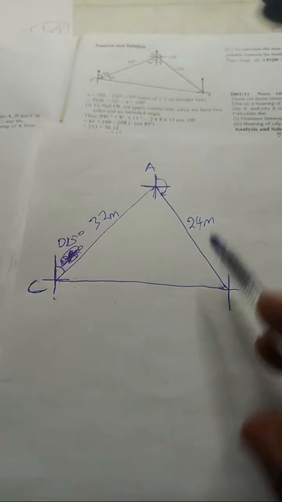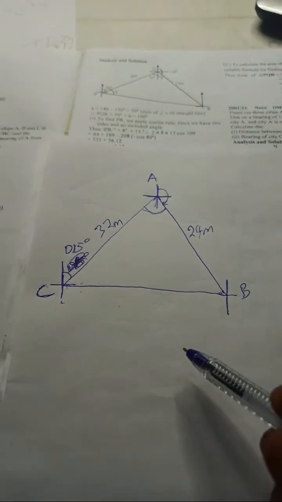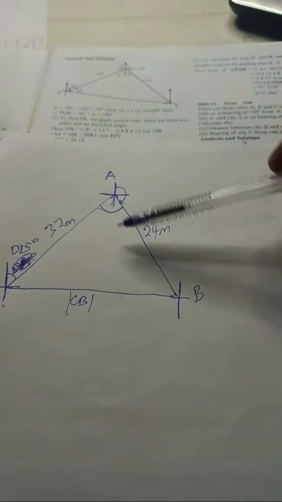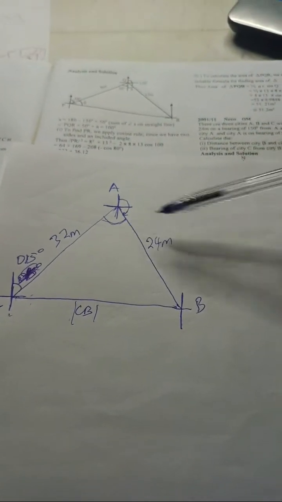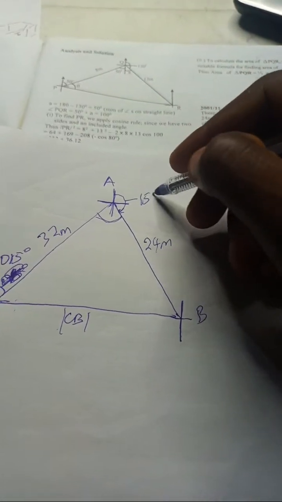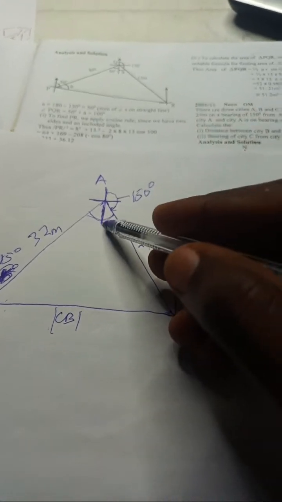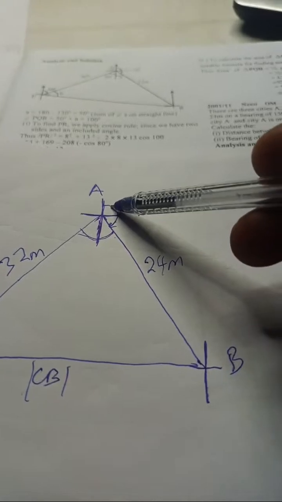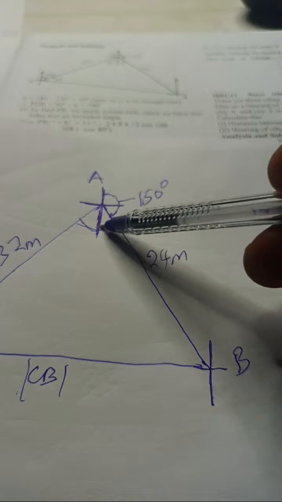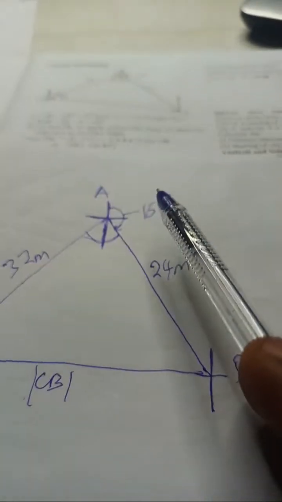To get their distance, we need this angle, and we are going to use our cosine rule normally. Okay, this one is CB now. So to get our distance, we need this angle, and the angle we are given here is 150. This angle is 150 degrees. To get this angle from here to here, since the total angle between here and here is 180, and this place is 150, we need to take 150 away from 180.